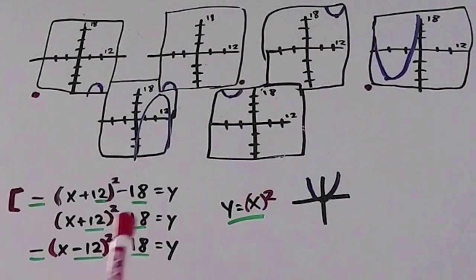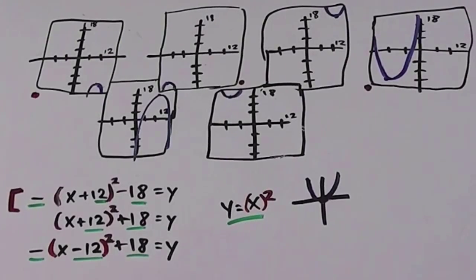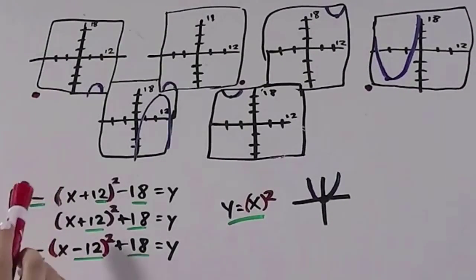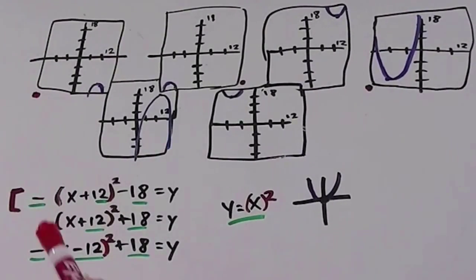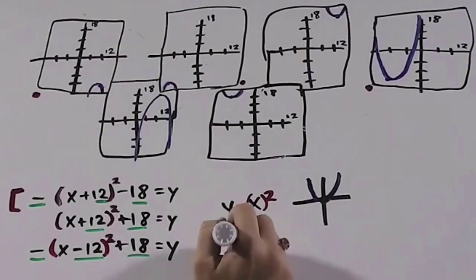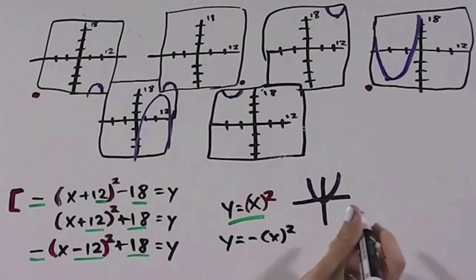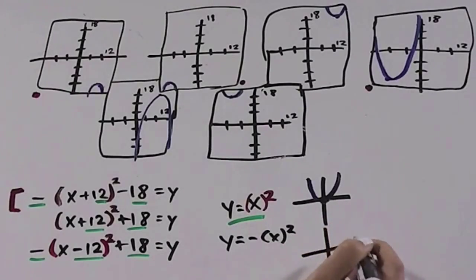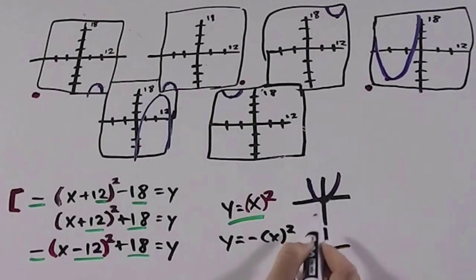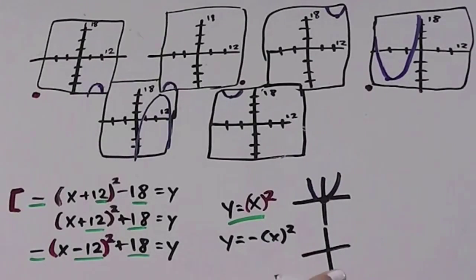Now, what's the next thing we can look at to narrow down our possibilities? Well, what happens when we have a negative value outside of the function? If we put, just in front of our generic equation, y equals negative x squared, that would cause any value that was normally positive to become negative with respect to the y-axis.